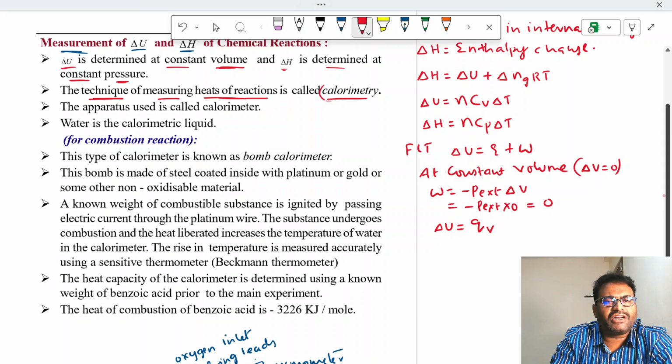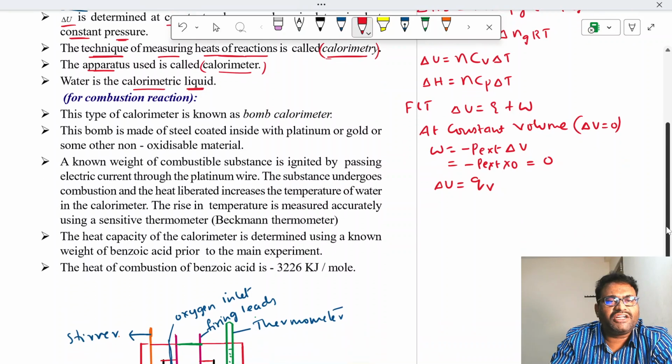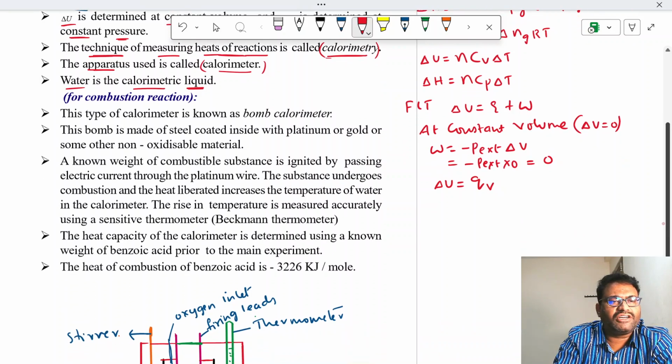The apparatus used is called a calorimeter. Whatever instrument you are using to measure the heats of reactions is called a calorimeter. And the calorimetric liquid, the liquid used in the calorimeter to measure these heats of reactions, is water.